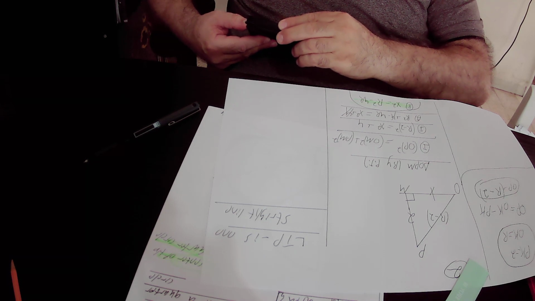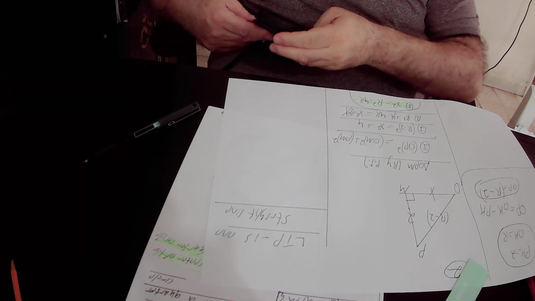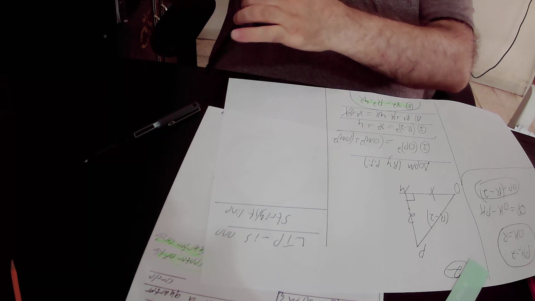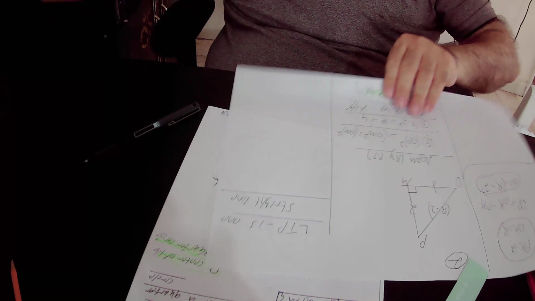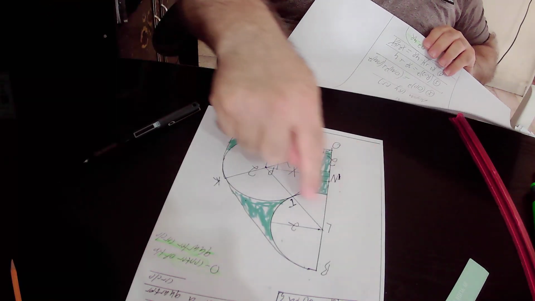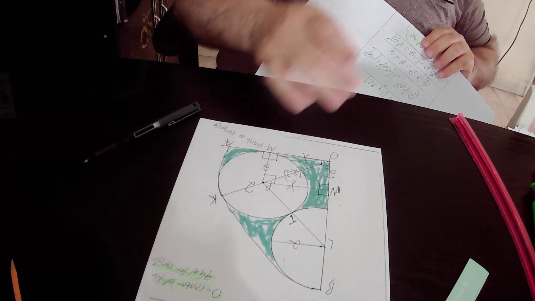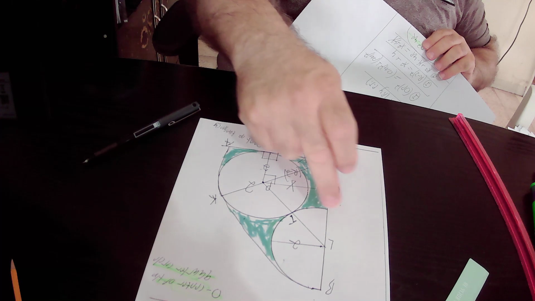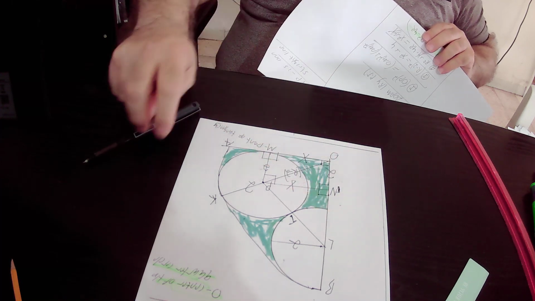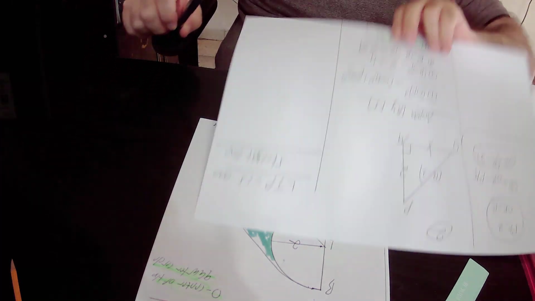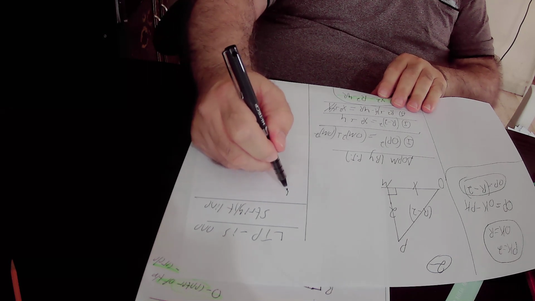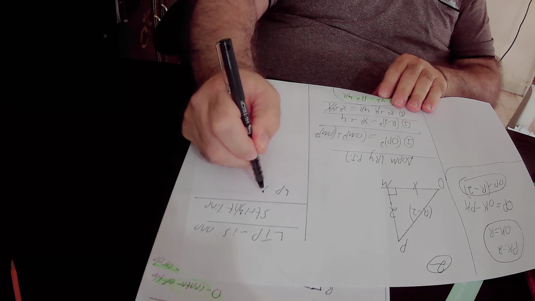Okay, so line segment LTP is a straight line. So if LTP is a straight line, LP is a straight line. So you can write down that line segment LP is a straight line.